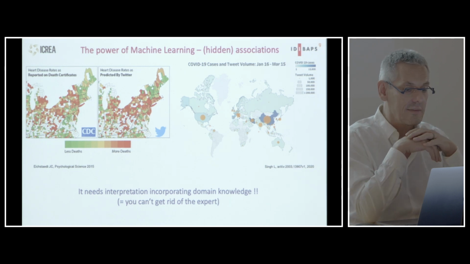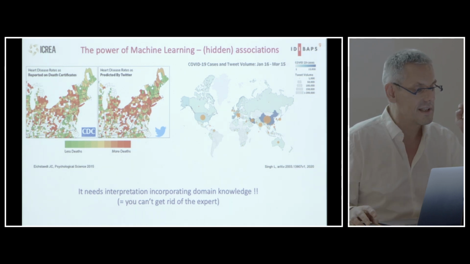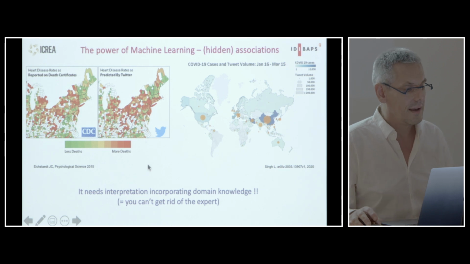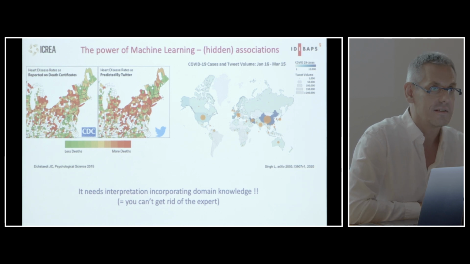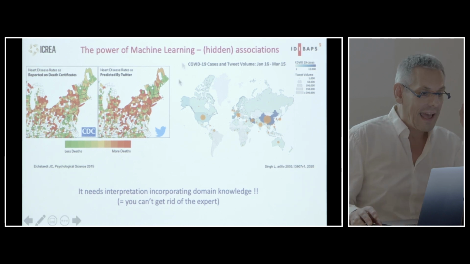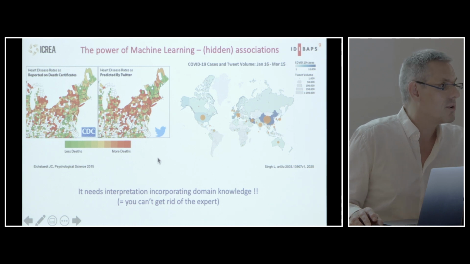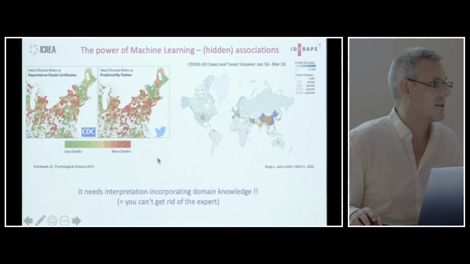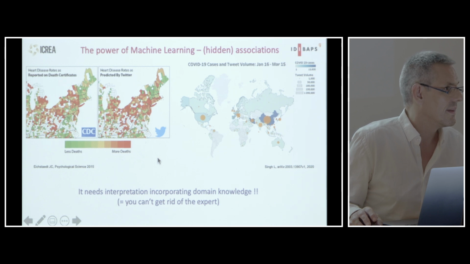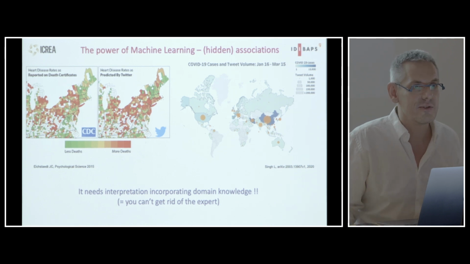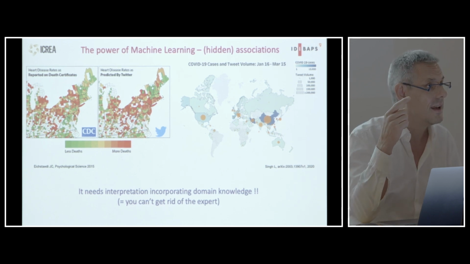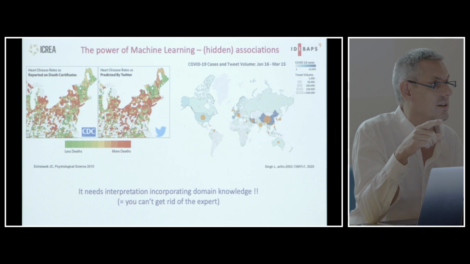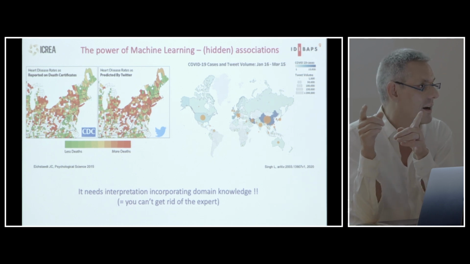And here are two other very interesting examples. I like this one quite a lot because it shows you that analyzing Twitter is as good as a cardiologist. By analyzing tweets of people, you can actually predict if they're going to die from cardiovascular disease, yes or no. It's like, come on, you're not going to use the Twitter account of your patient in order to diagnose them. But when you start thinking about it, there's obviously an association between Twitter and cardiovascular disease.